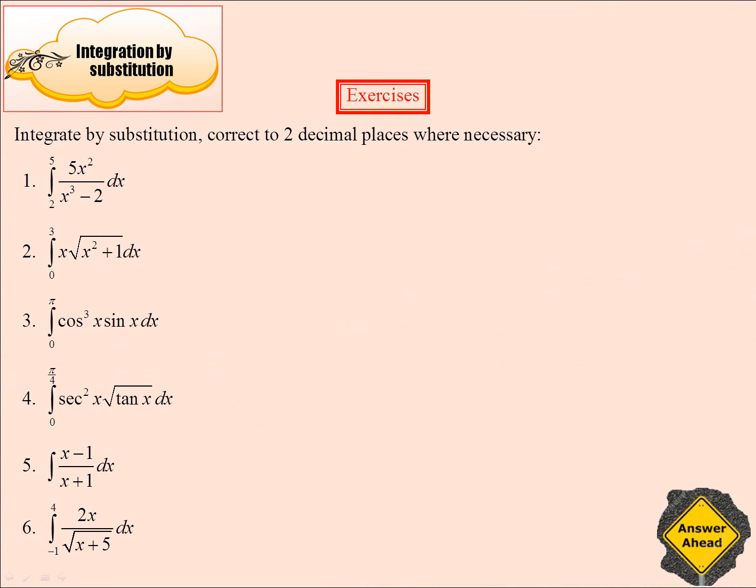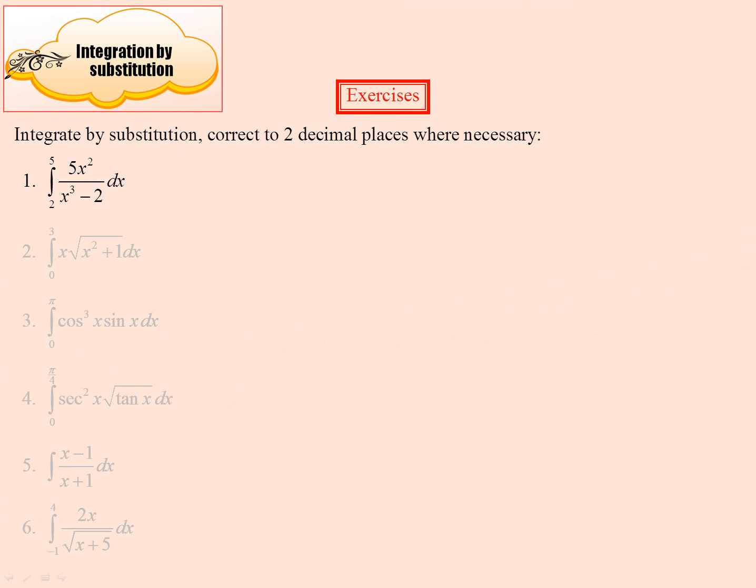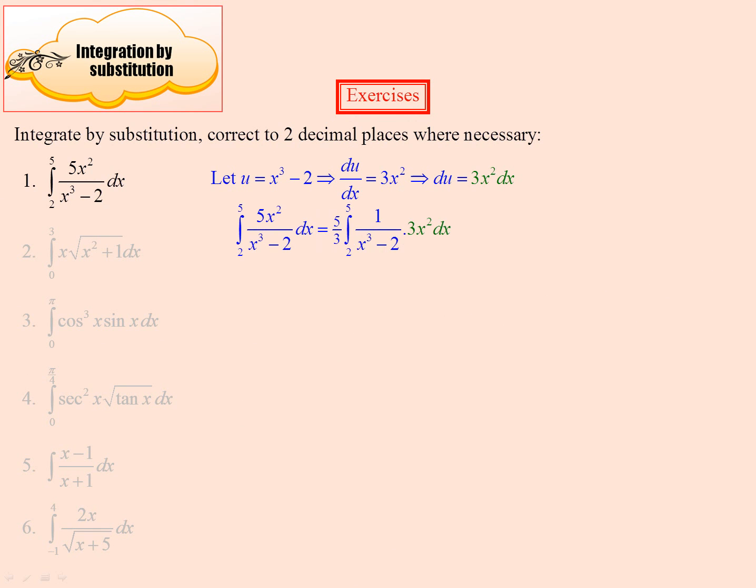Here are some exercises for you to try. There's our first substitution. du by dx equals, du equals. So we can write it in the form so we have 3x squared dx.